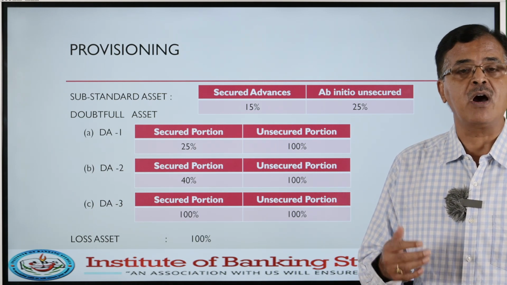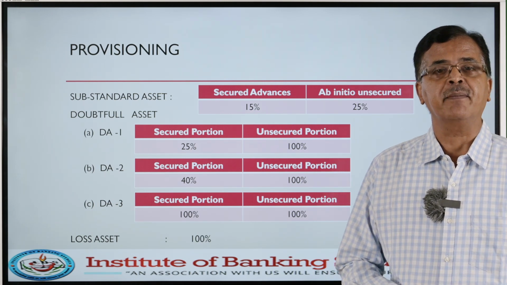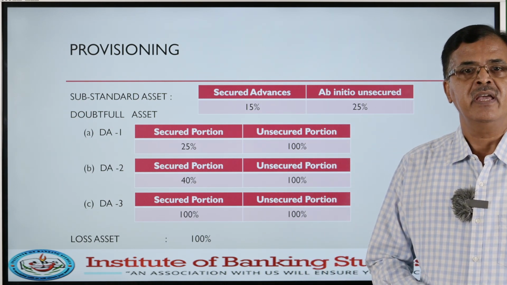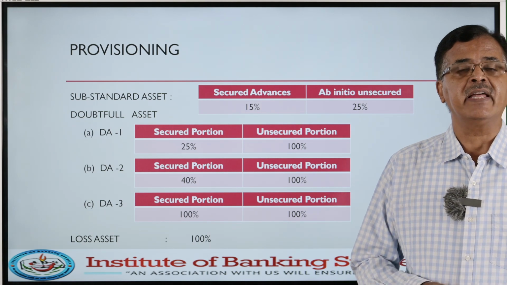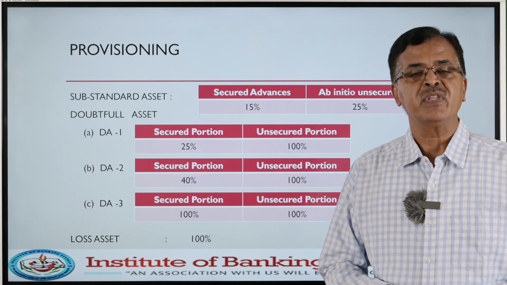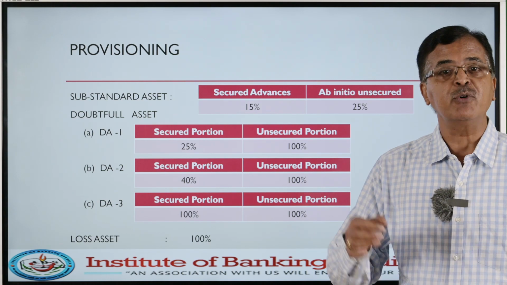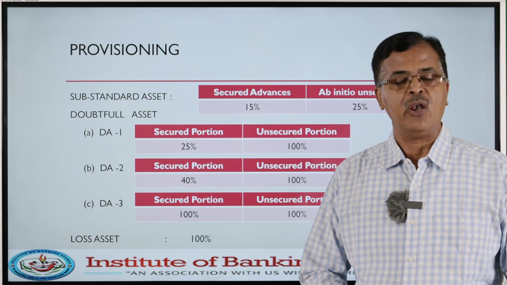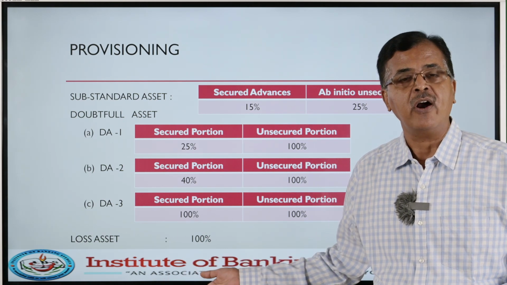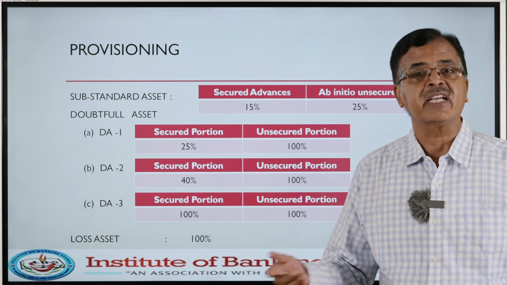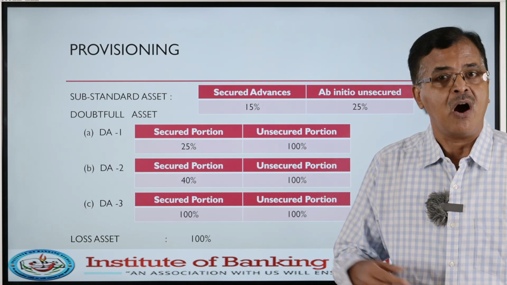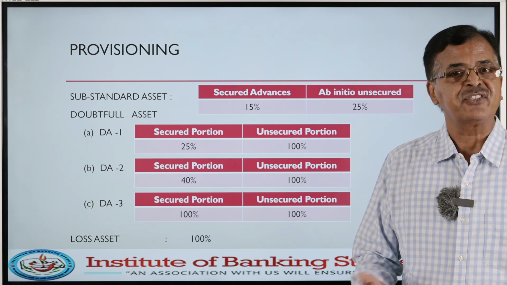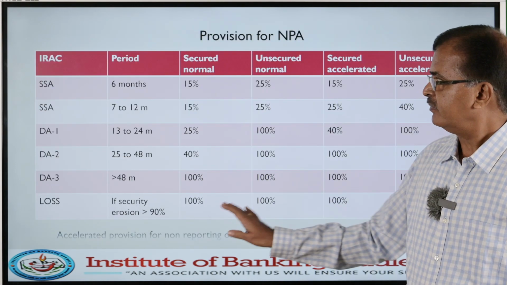If you work out the security available for that particular advance or loan as on a particular reporting date, and the amount available under security coverage is less than 10% of the outstanding as on that date, those assets can be classified as loss assets. Normally, only the bank's internal or external auditors or RBI auditors can classify an asset as a loss asset. The branch can of course recommend it.